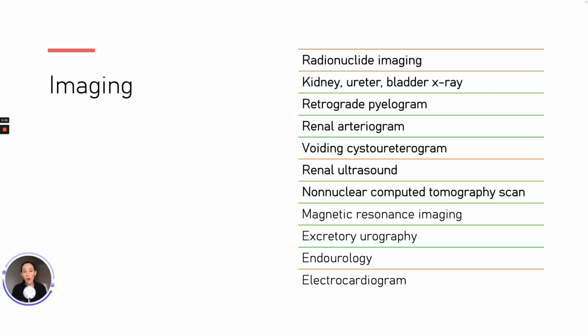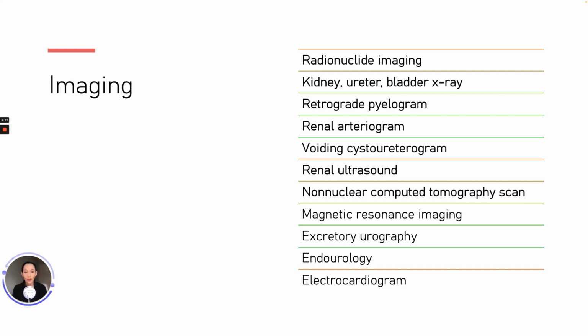We can look at a renal ultrasound, which determines the kidney size, presence of masses, cysts, and obstruction in the upper tract. We can look at a non-contrast computed tomography, or a CT scan. This is a cross-sectional view of the kidneys and the urinary tracts, detecting the presence and extent of disease.